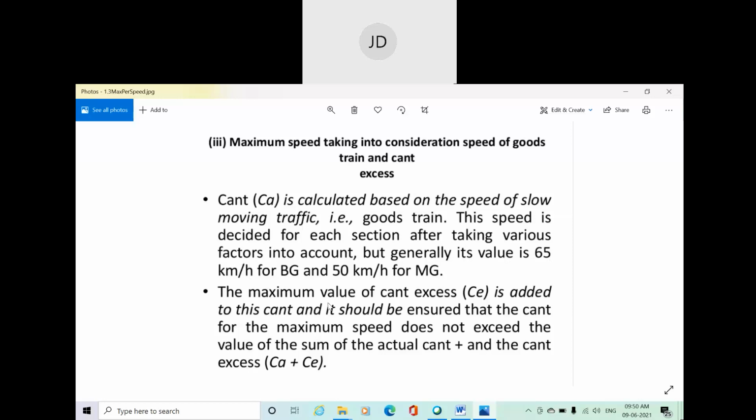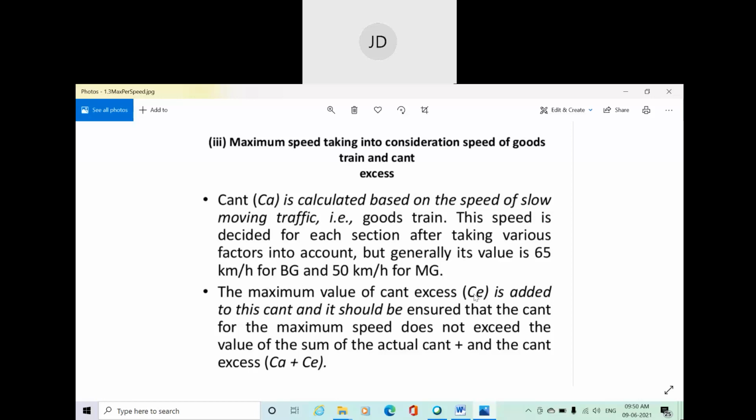After that, the maximum value of the cant excess. That means since on the existing super elevation the train is moving at the lowest speed, we have an extra super elevation, isn't it? So we have an excess of super elevation. That means we have a cant excess.